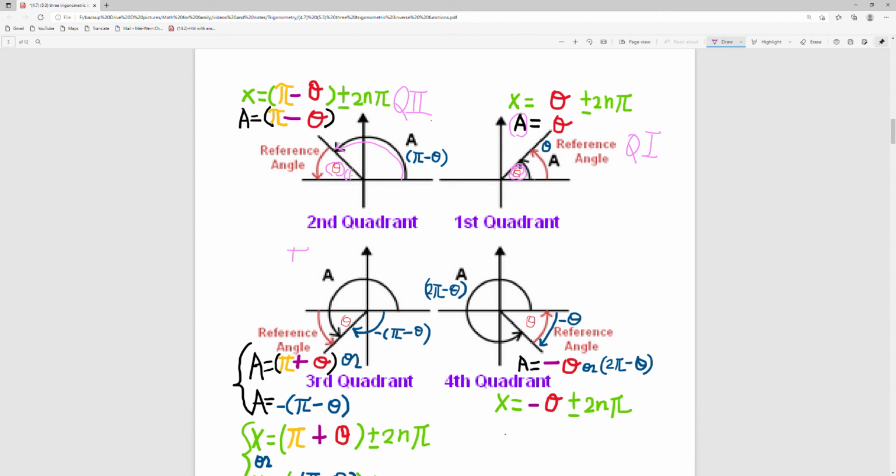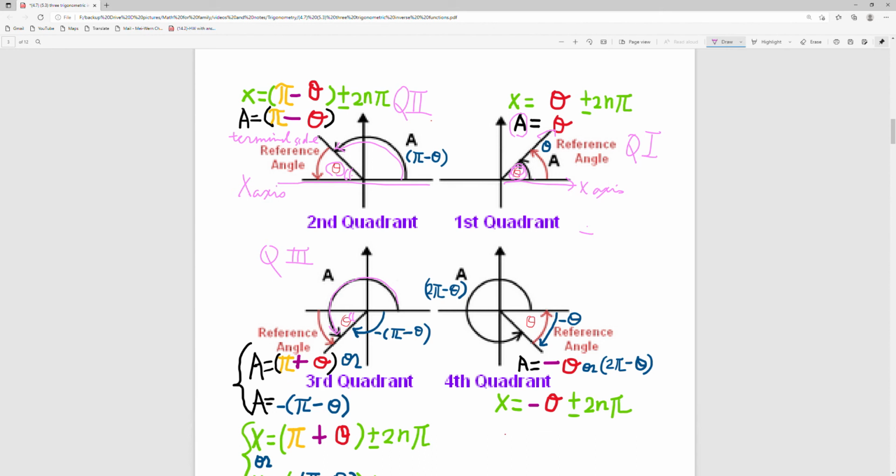And when you go to quadrant 3, this is the angle, but the reference angle is here. So how we decide the reference angle is: the angle between the x-axis and the terminal side.